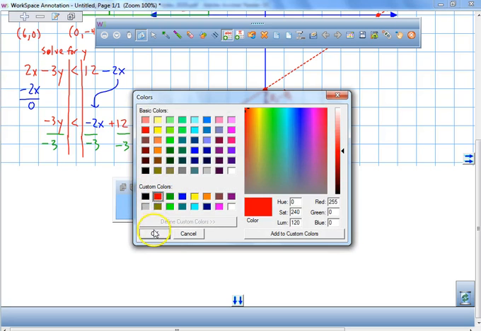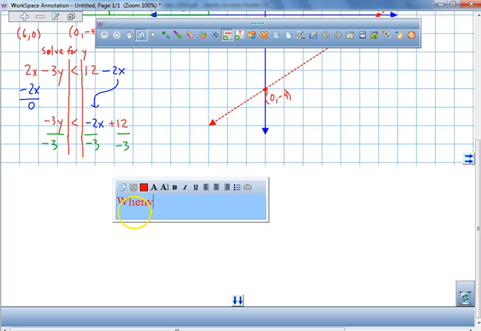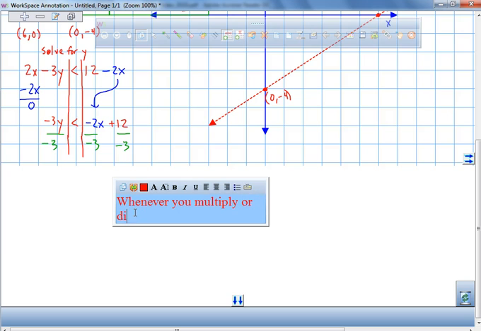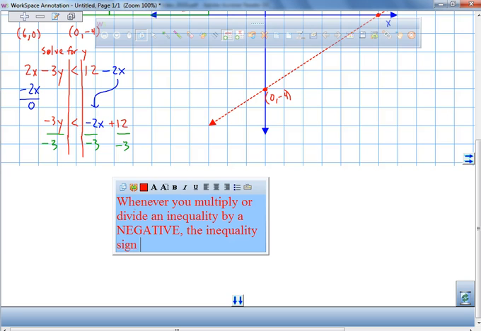Whenever you multiply or divide an inequality by a negative, the inequality sign flips.